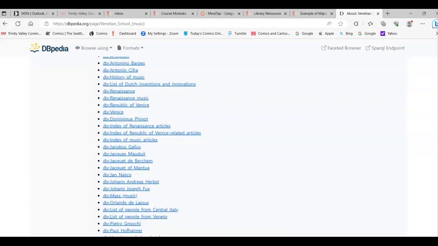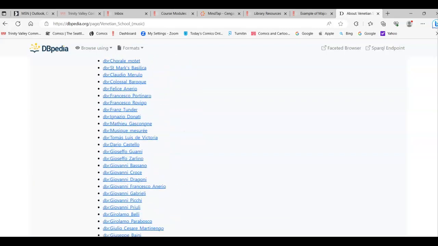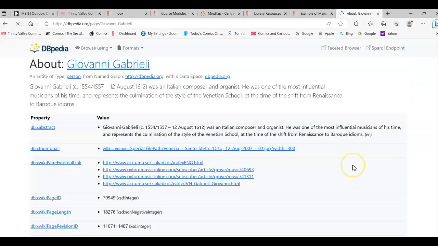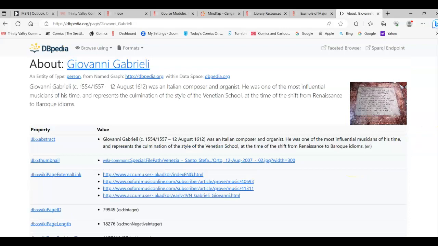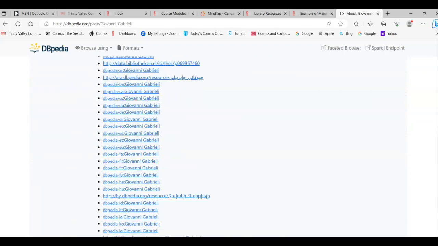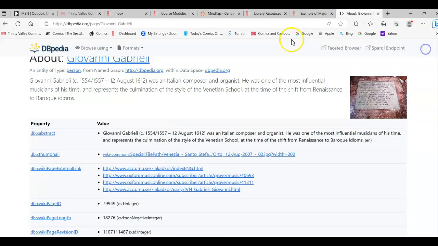They have one for Gabriele too, but I can't find it. There it is. Okay, I knew it was down here someplace. So you click on that, it takes you to Giovanni Gabriele, and it talks about him. Gives you some details and links to other information about him. And so I knew that was up there.